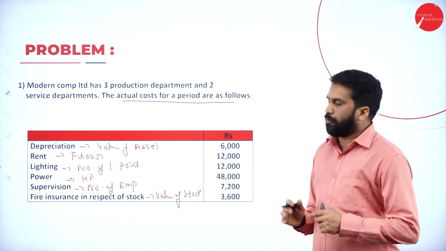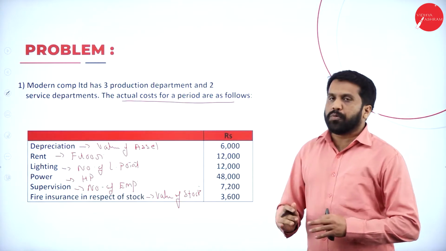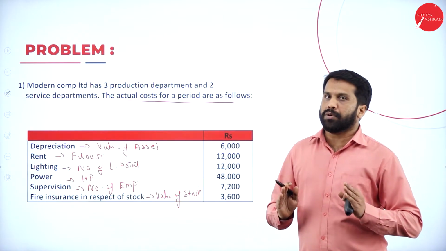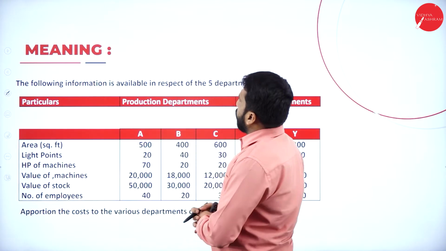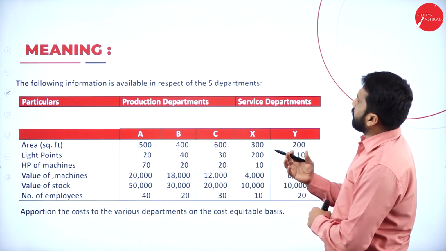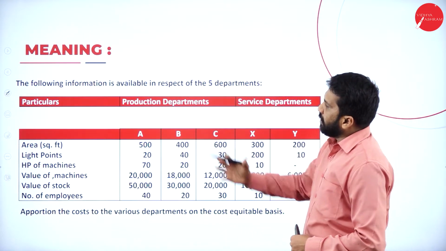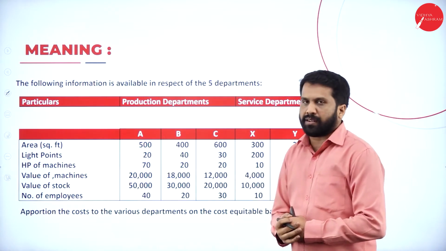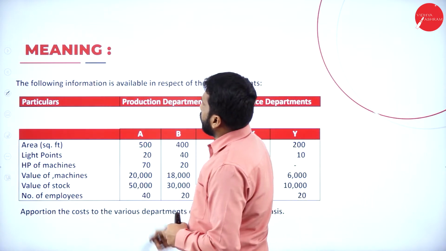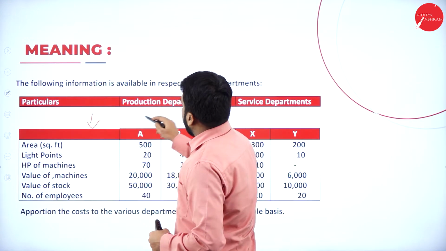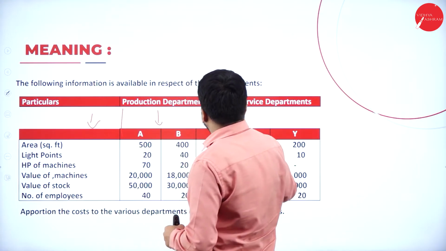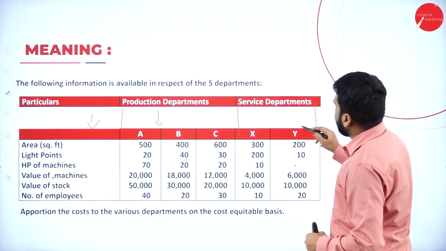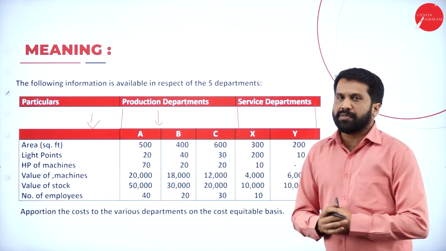So they will give you all the expenses we are supposed to distribute. Now, the following information is available in respect of 5 departments. We have production departments; these 4 we call production and these 2 we call service departments.